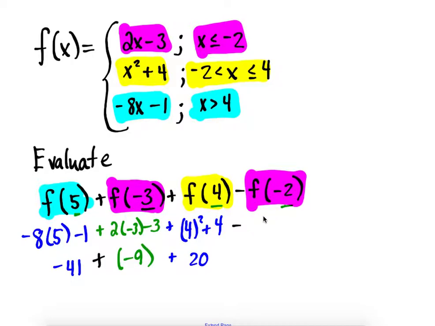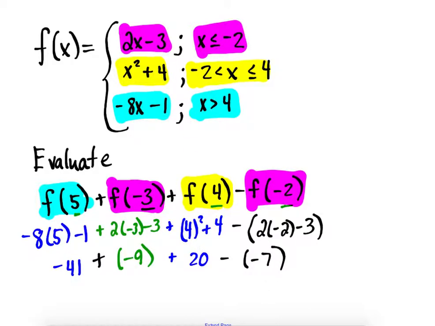Now, you have to get this value first before you subtract. So negative 2 would go into 2 times negative 2 minus 3. Now, the notation there, you would have to put that in parentheses because you're minusing that value. So I'm going to subtract whatever that is. Negative 4 minus 3 is negative 7.